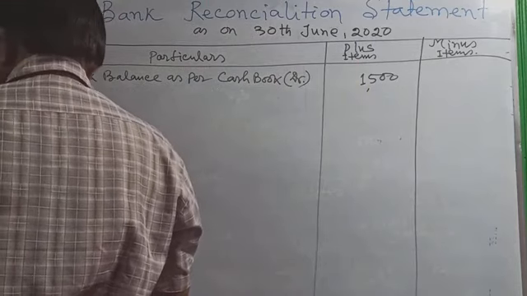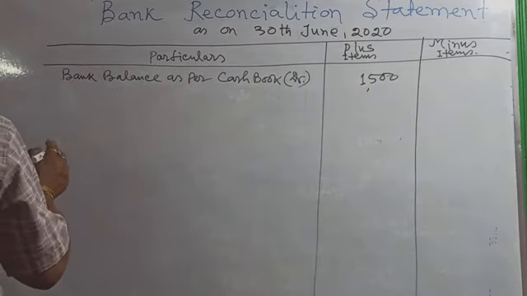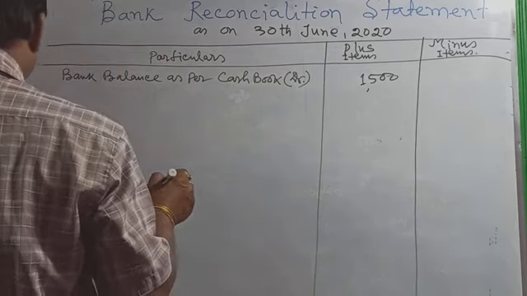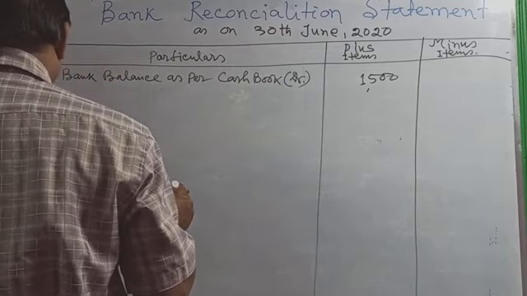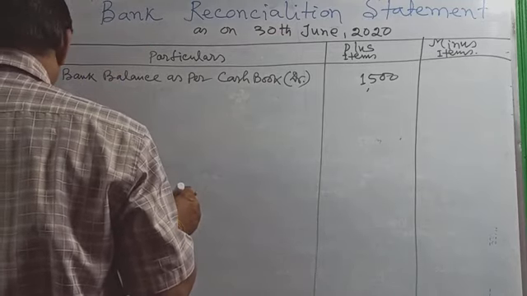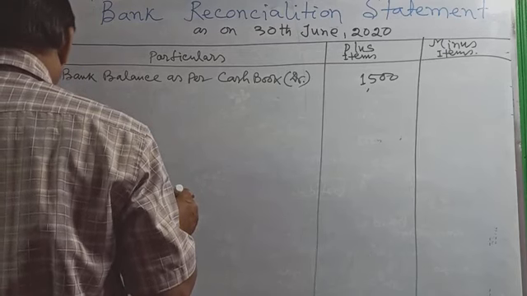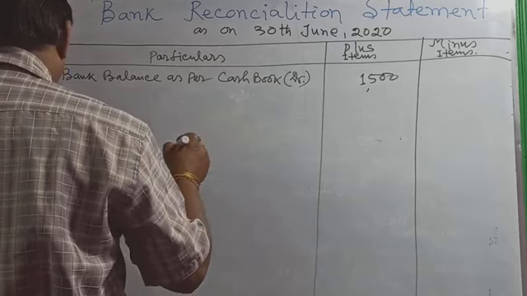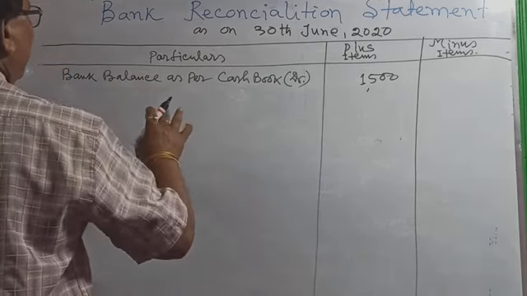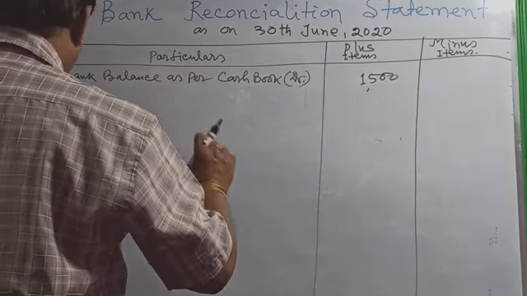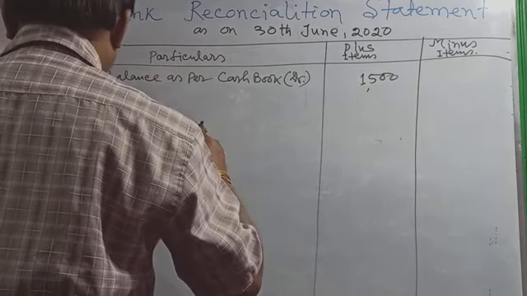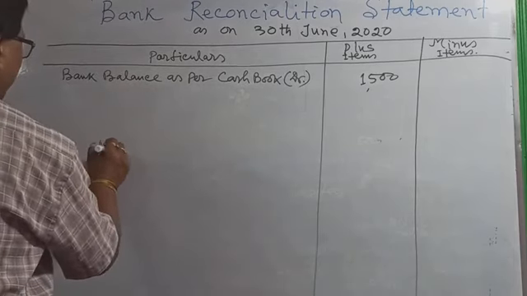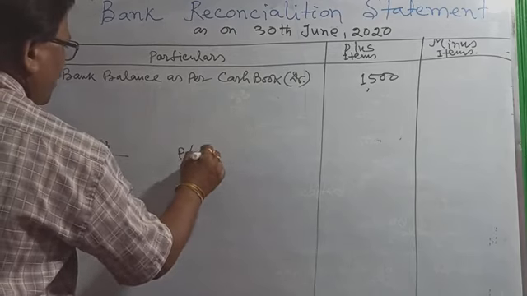Number 1 says the following information was received. Checks amounting to rupees 7,290 were issued on 20th June, of which one check of rupees 1,300 was presented in the bank for payment on 4th July. Now you find out the cause. Checks amounting to 7,290 issued, cash book decreases, CB and PB, cash book and passbook in short form.